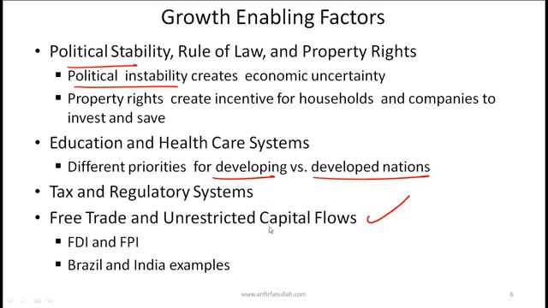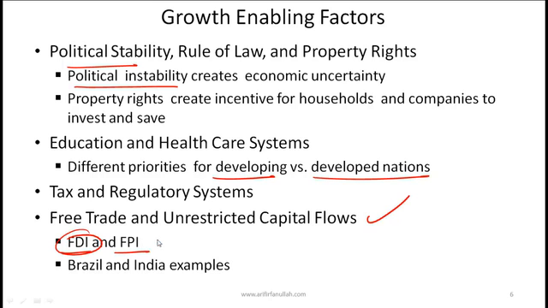Here in the curriculum, a very simplistic view is given, which says that if there is lots of foreign direct investment, where foreigners invest in, say, setting up factories in a developing country, that's FDI, that leads to growth. Foreign portfolio investments, this is where foreigners invest in equities and fixed income securities in a given country or in mutual funds.